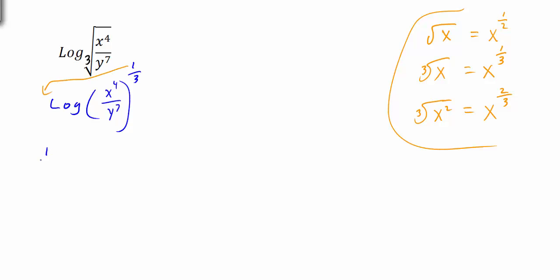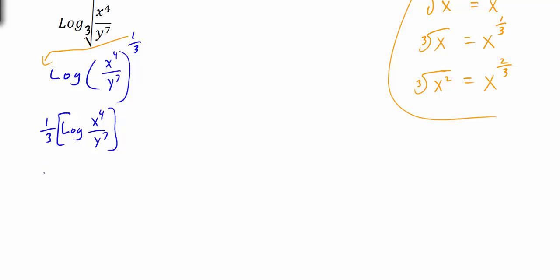So we would end up with 1/3 the log, and I'm going to actually put a bracket here because this 1/3 is going to be multiplied by everything. 1/3 the log of x to the fourth over y to the seventh. And you'll see in just a minute why I wanted to use the brackets.